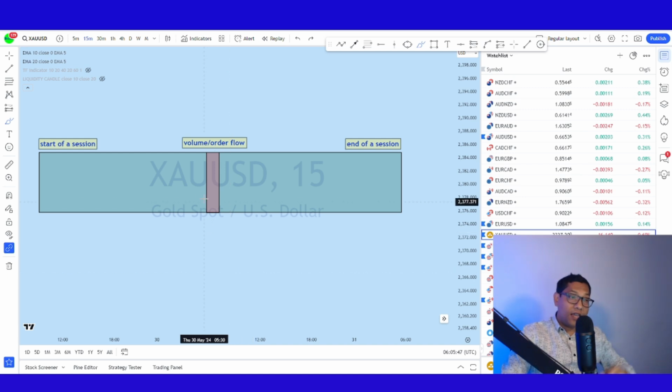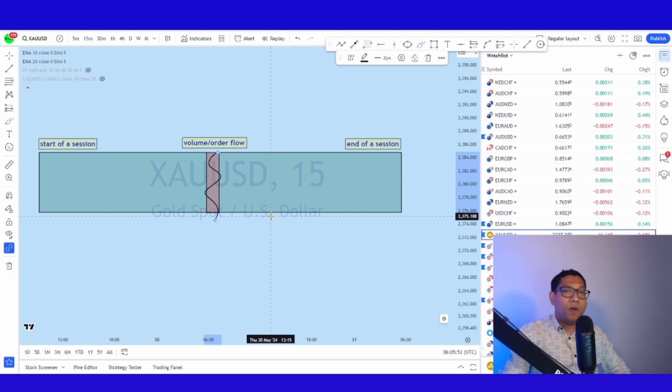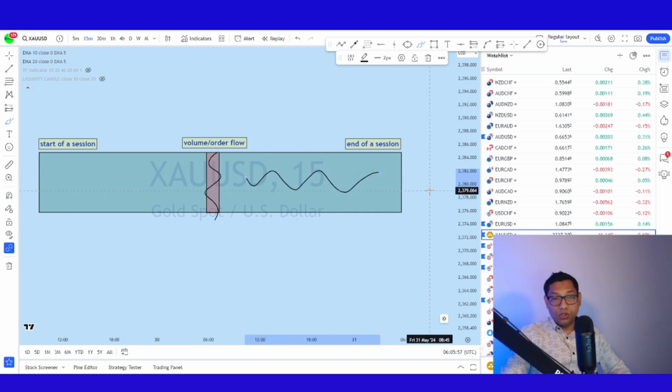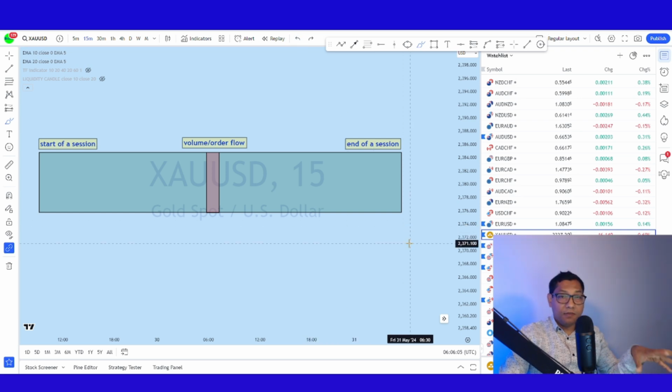Those who are lucky enough to understand this zone where the real volume comes in can make money. But the majority of the time the market moves sideways or doesn't move properly with a trend, which doesn't bring any profitable trading opportunity.